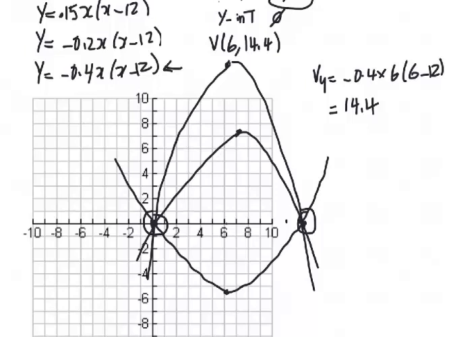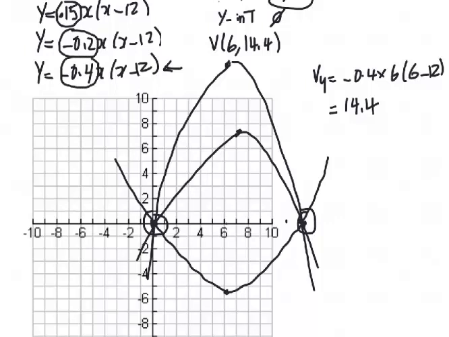And the reason is that if you look at the leading coefficient here, here is 0.15, which means compression vertically by a factor of 0.15. Here, it means compression by a factor of 0.2, and this one is a compression by a factor of 0.4.